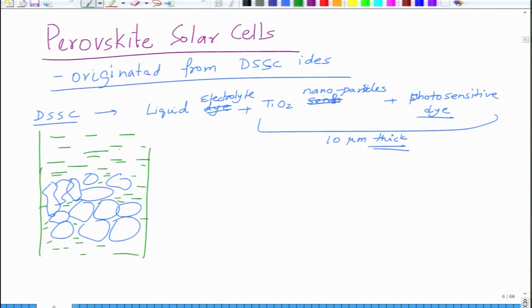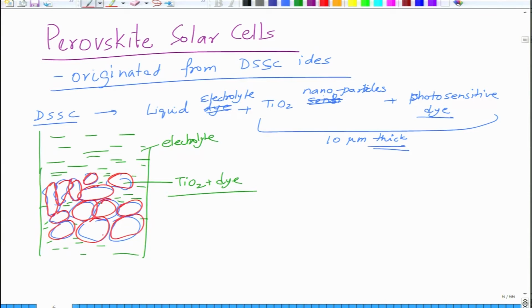So this was electrolyte and this was TiO2 plus dye. TiO2 was coated with dye because TiO2 has to remain in contact with the dye. So these were dye molecules, and they made a layer on top of it. So, photosensitized TiO2 nanoparticles.